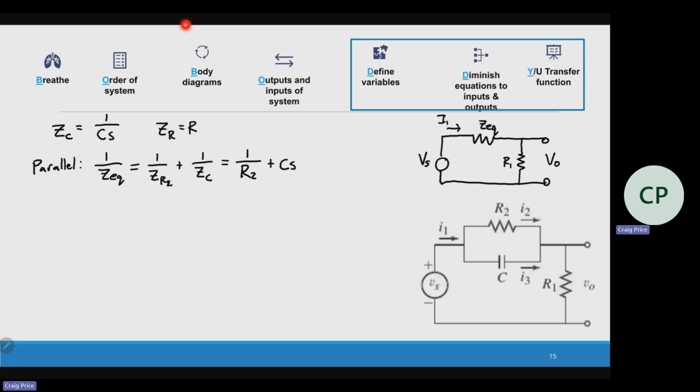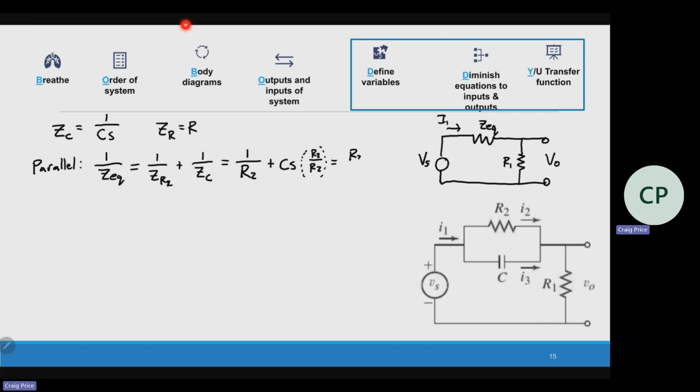I want to combine this. I don't want to keep it separate and then try to work with it going. I just want to get one nice numerator denominator. So one way to do it is to get a common denominator. So I can multiply this by R2 over R2, which is the same as multiplying it by 1.